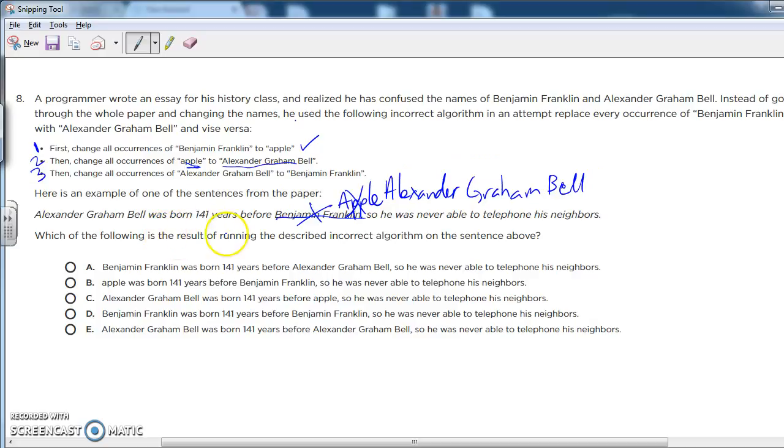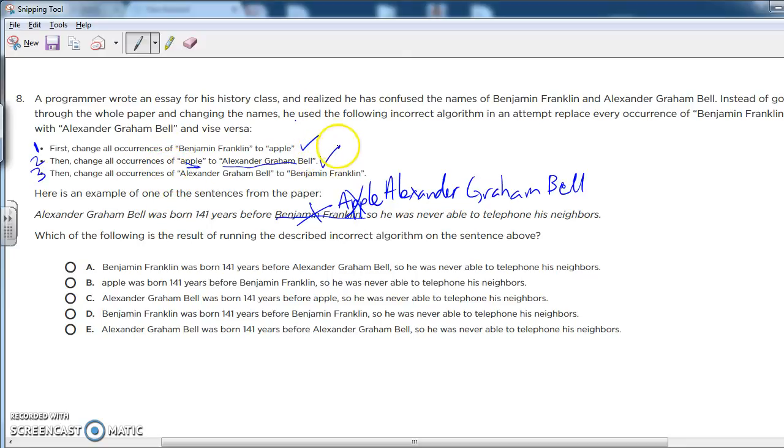So our new sentence is Alexander Graham Bell was born 141 years before Alexander Graham Bell, so he was never able to telephone his neighbors. Well, that sentence sounds confusing, but maybe his code did it correctly. We know it didn't, but we're going to follow all 3 lines anyways just to test the code.